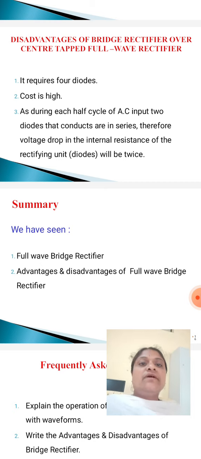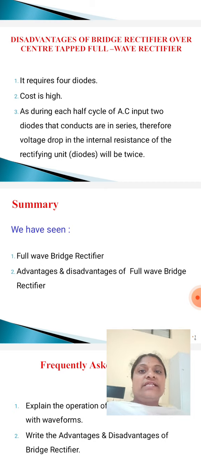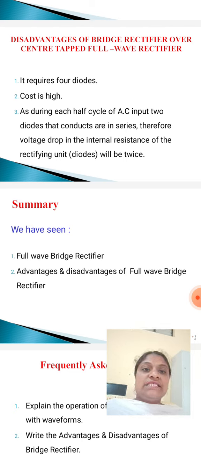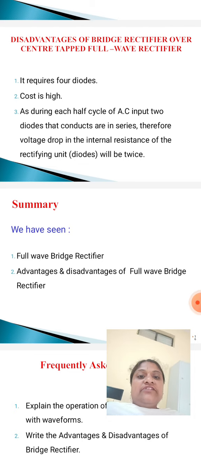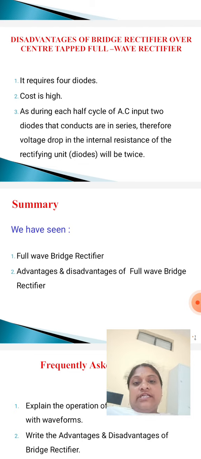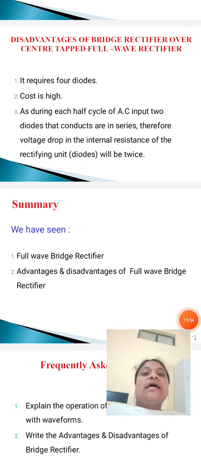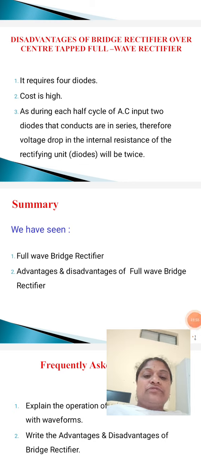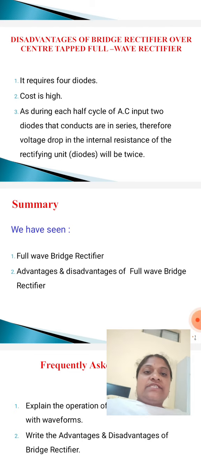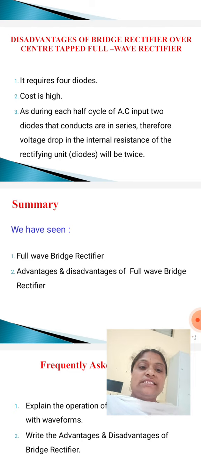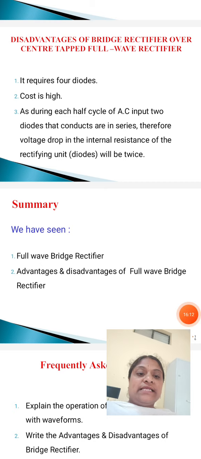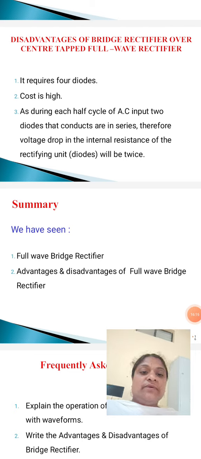And the third disadvantage of bridge rectifier over center tapped full wave rectifier is, as during each half cycle of AC input, two diodes that conduct are in series, therefore voltage drop in the internal resistance of the rectifying unit will be twice. I repeat this point again. Each half cycle means positive half cycle or negative half cycle. Each half cycle of AC input, two diodes that conduct are in series. Therefore, voltage drop in the internal resistance of the diodes will be twice.